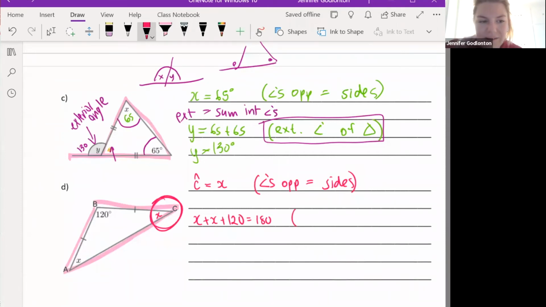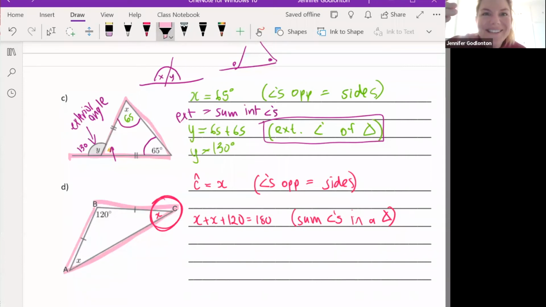What's my reason? Because of the sum of angles in a triangle. Well done. Now, can you simplify that for me? What's my equation going to look like on the left? Ma'am, it's going to be 120 plus 30 plus 30.